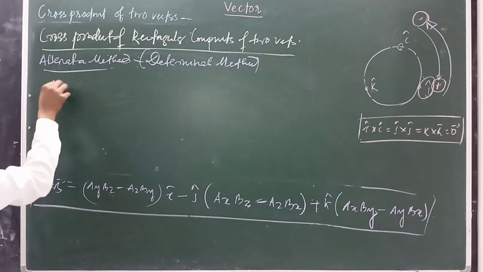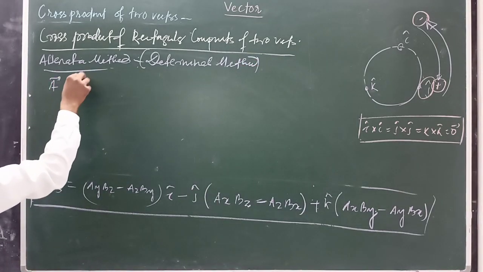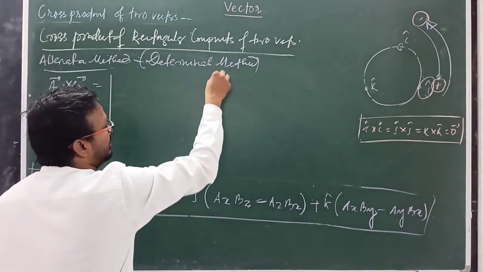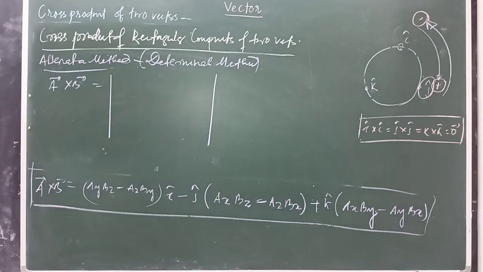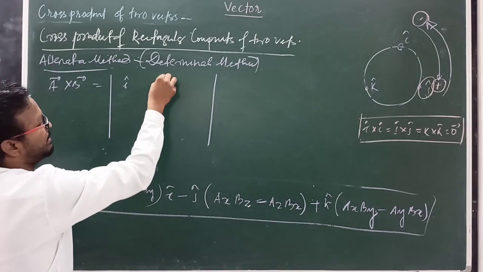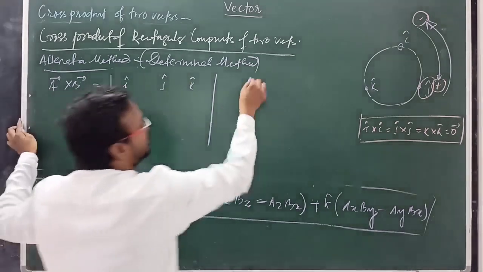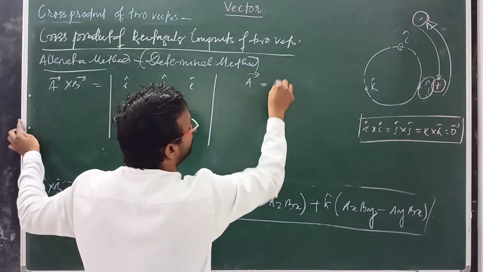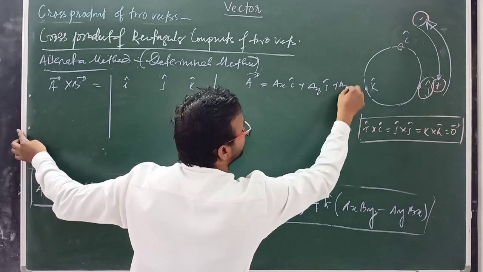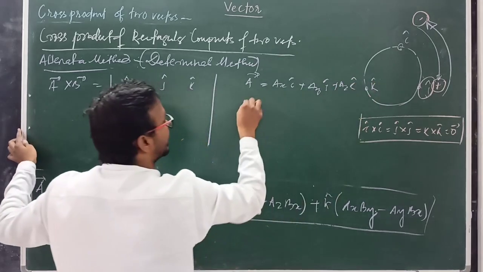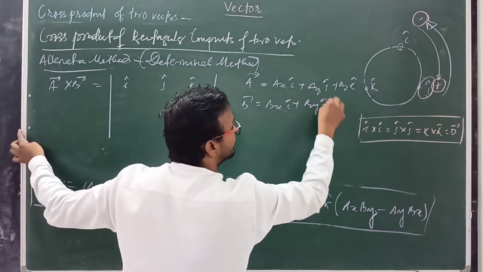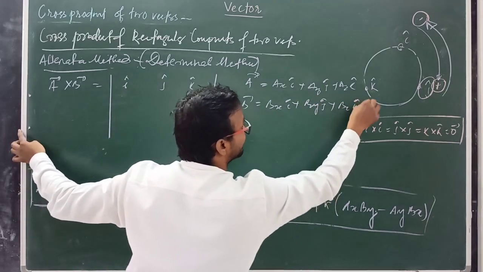So in this case A cross B vector means first we have to write one more time here I cap, J cap and K cap, because A vector equal to Ax I cap plus Ay J cap plus Az K cap. Similarly B equal to Bx I cap plus By J cap plus Bz K cap.